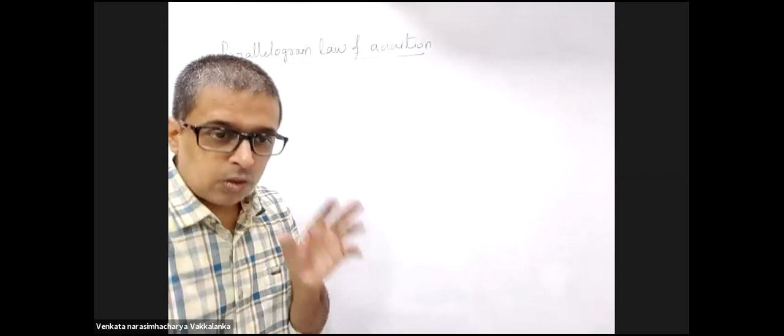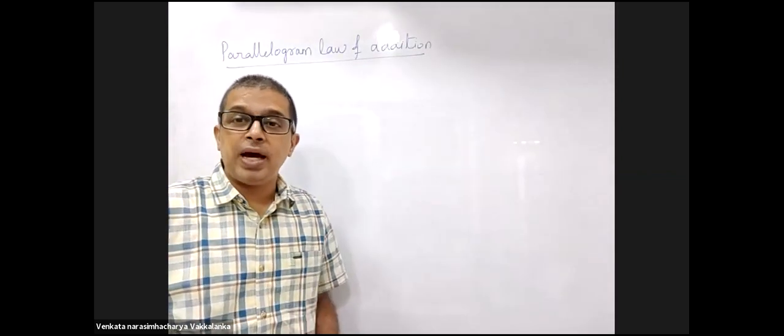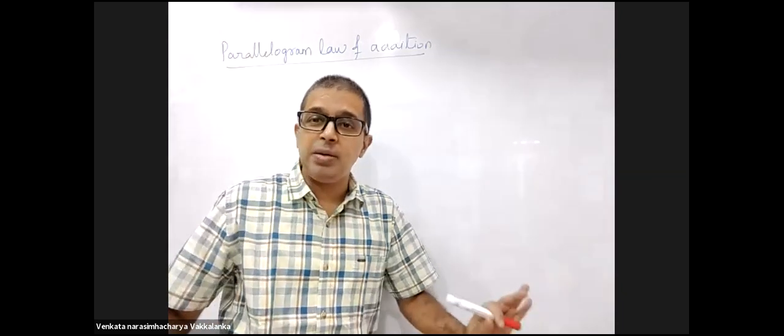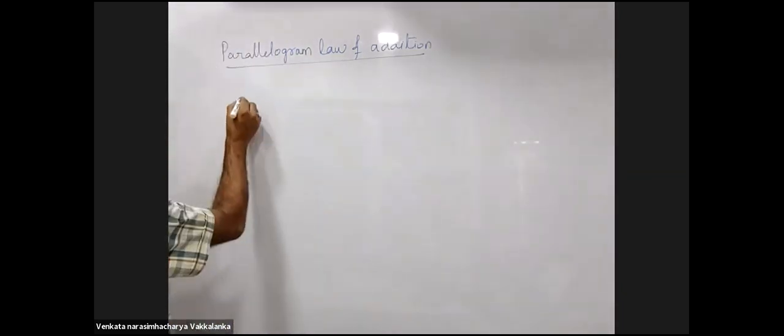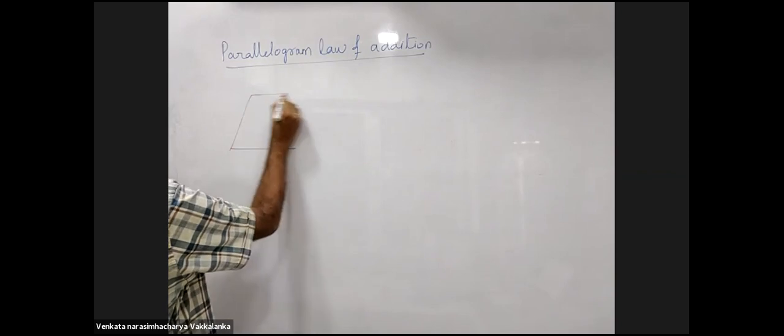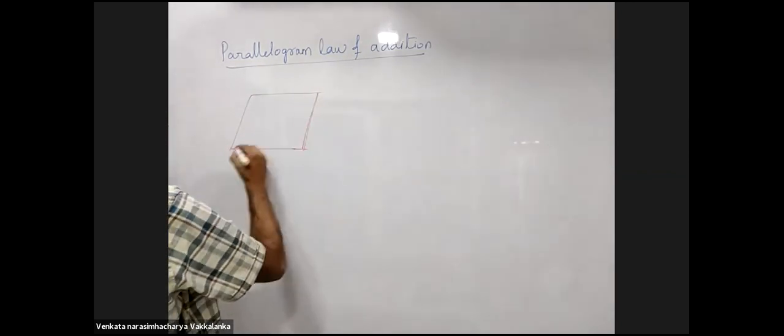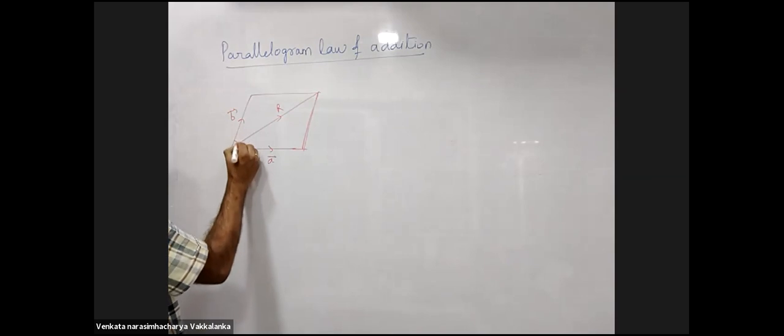Now, for your visualization of the parallelogram law, will the parallelogram law universally be right? Yes. Have a look at this. Firstly, if the parallelogram is like this, this is the result R. This is A, this is B, this is theta, this is alpha.